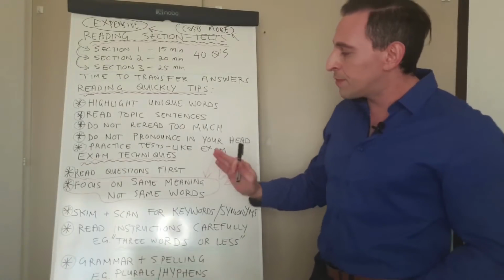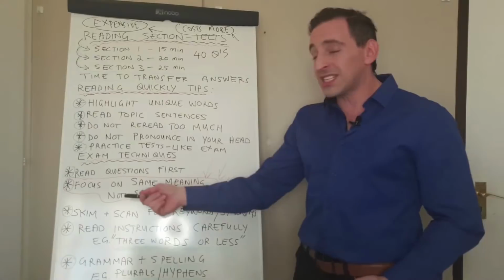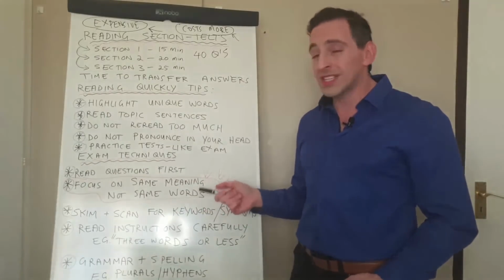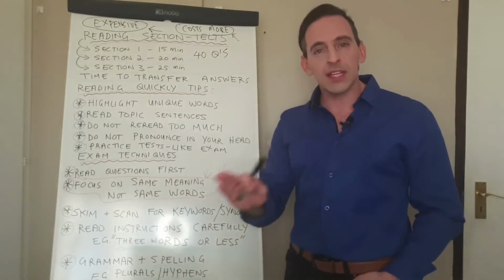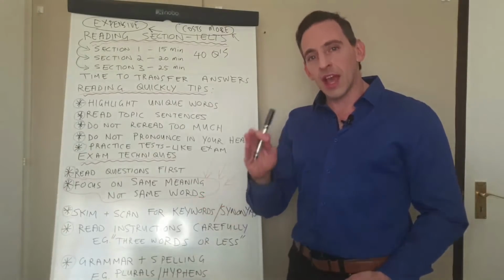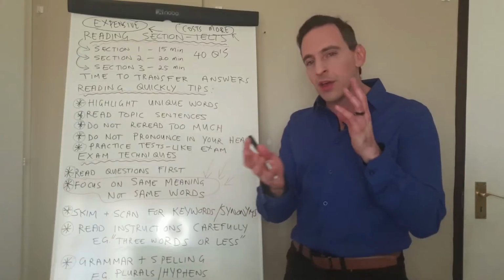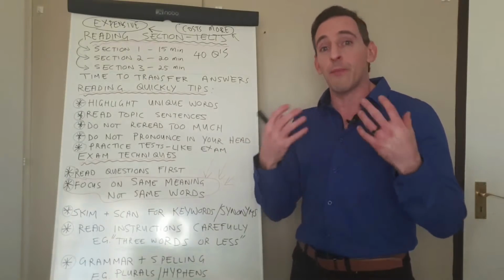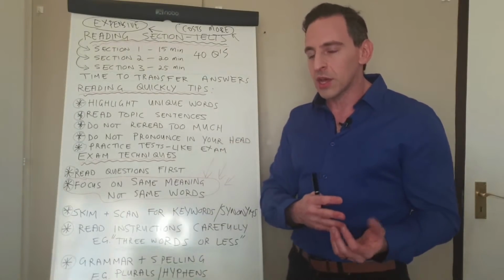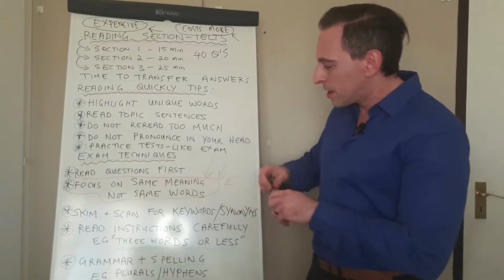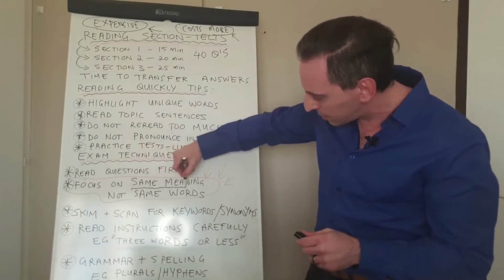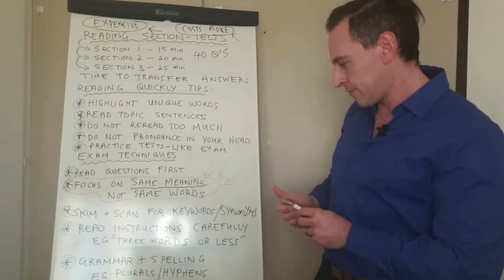Also, this is important because you may actually see the same words in the text, but that does not mean that the answer is yes. Those words could actually have other elements in the sentence that now make them incorrect. So you have to focus on meaning, not the words.